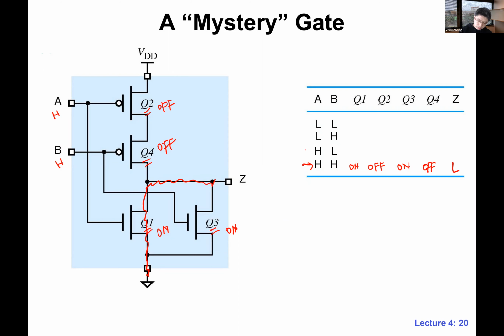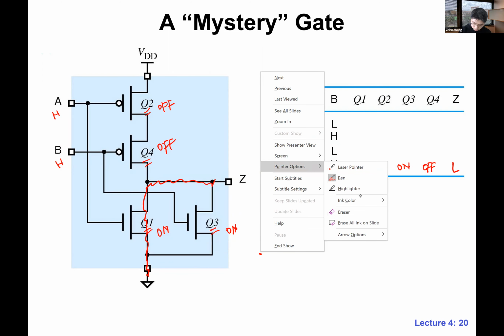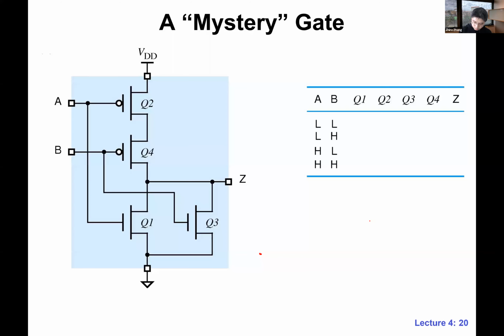Any questions before we do the quiz? Maybe let's do one more. HL. Just tell me about Z. A is H, B is L. Which network is conducting? It's a quick answer.